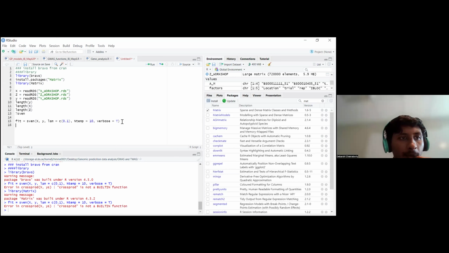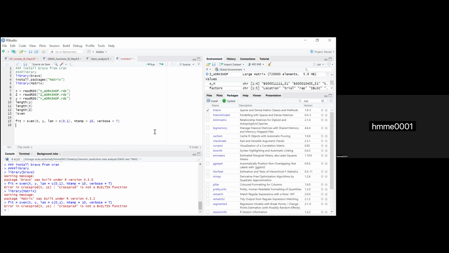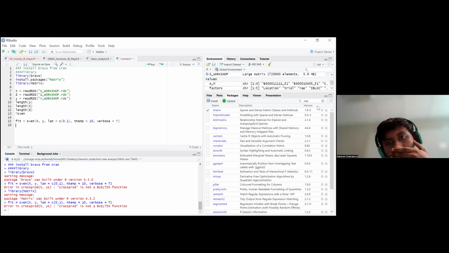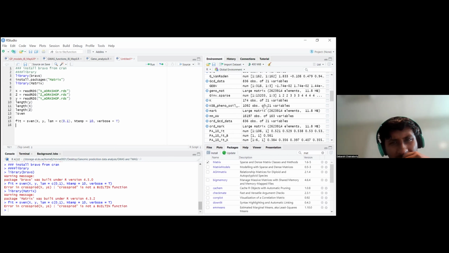Okay, can you just delete the environment and history, everything, and then run without calling the Matrix package? Because there's a crossprod function in the base R package. Maybe that works.